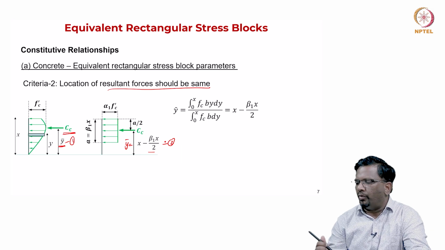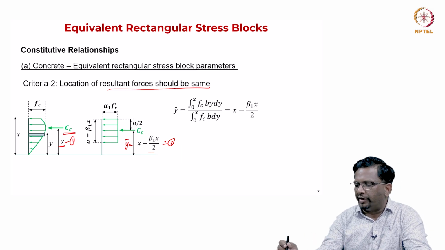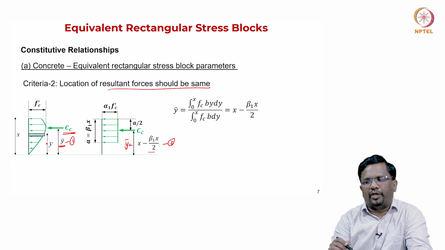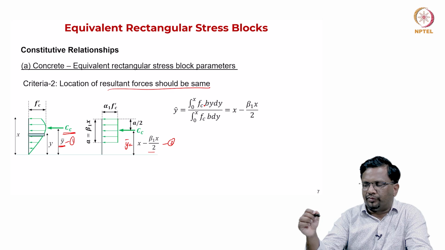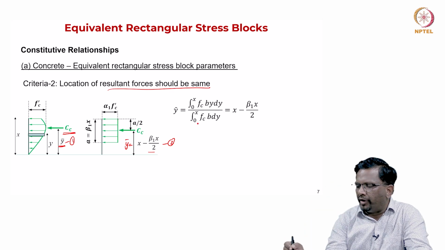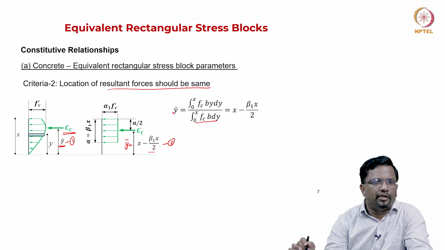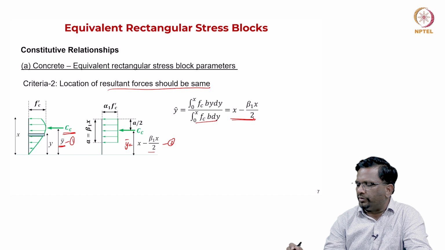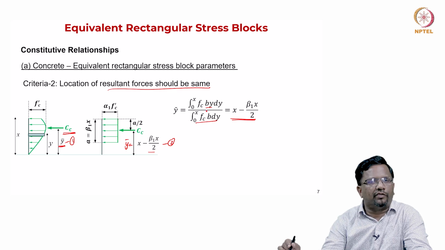So, this y bar, if you do the integration of the force, we know that the centroid can be calculated by the force multiplied by the distance y. You integrate that for each strip and take the moment of that force, then divide by the force, you will get the centroid of the location of your C c. That should be equal to x minus beta 1 x by 2. Now y can be expressed in terms of epsilon c and everything can be converted in terms of epsilon c.